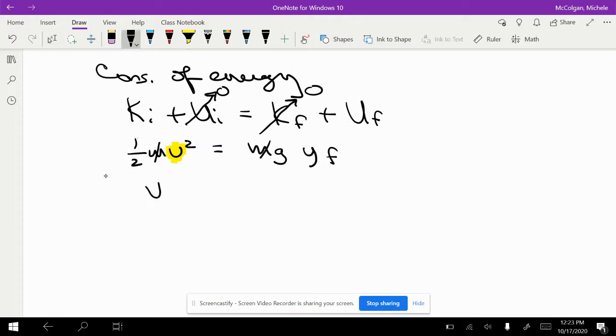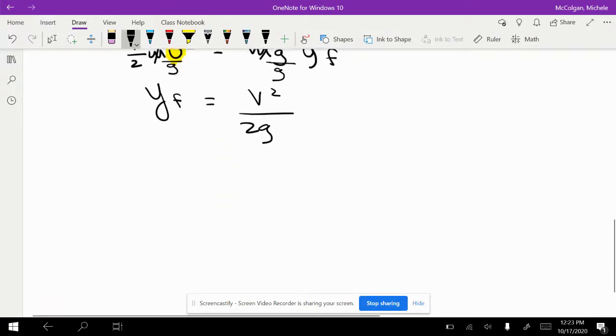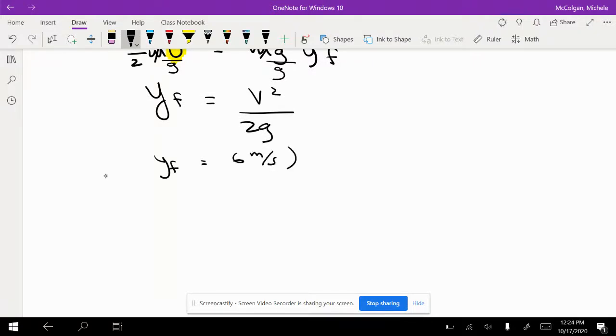Okay, so I'm looking for y, so y final is equal to, I'm going to divide both sides by g. The y final is equal to v squared over 2g. And when I plug in, my y final is equal to 6 meters per second squared over 2 times 9.8 meters per second squared.